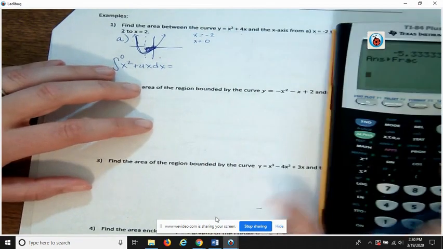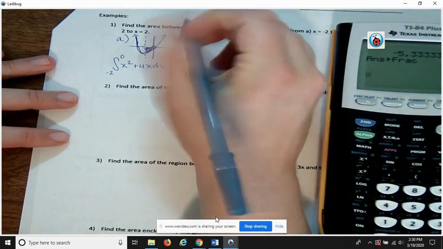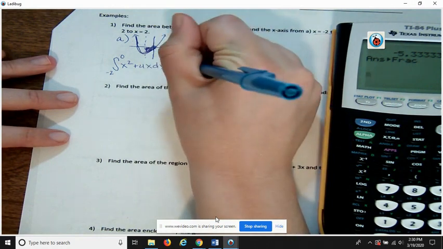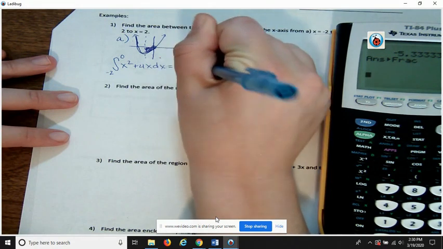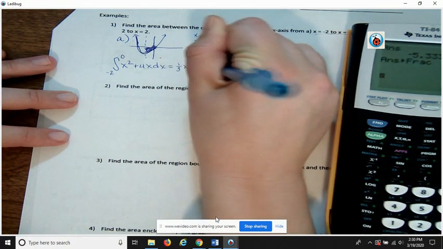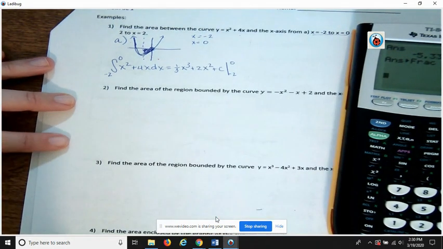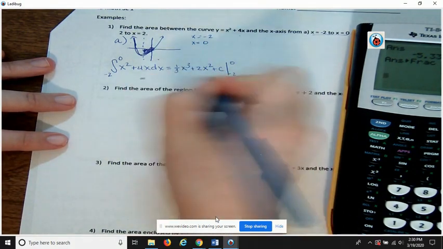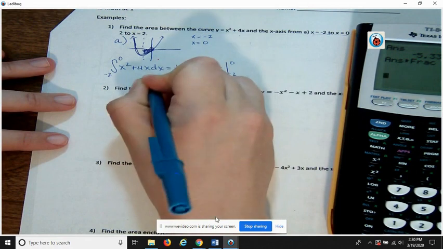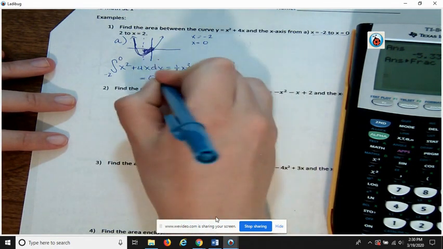I will go ahead and solve this for you so that you can see also how to do it by hand. So here we would go ahead and integrate. We would have 1/3 x cubed plus 2x squared plus c from -2 to 0. And then we would start off by subbing in 0, which is super convenient because all of it is going to end up being 0, and then having plus c.